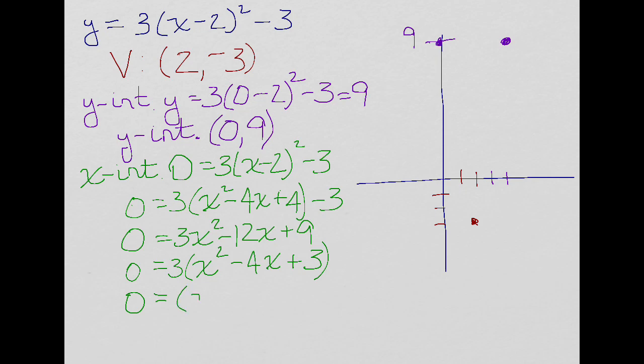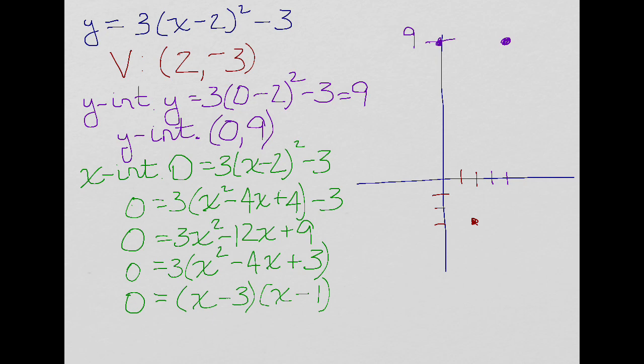I think x minus 3 times x minus 1 is going to do the job. Negative 3 times negative 1 is positive 3. Check. And negative 3x minus 1x is minus 4x. Check. Yep, we're good.